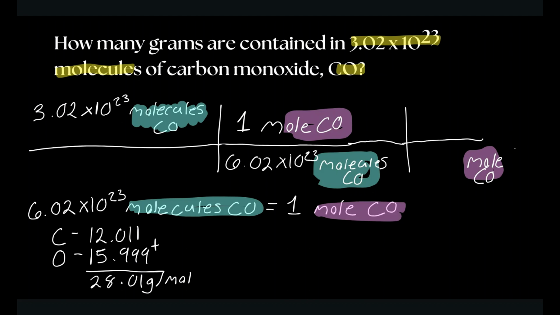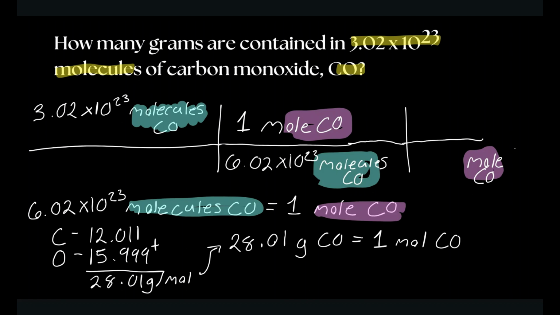So this is the molar mass, but the grams per mole doesn't really help us in this format, so we need to go ahead and change this. So this is going to be the same as our 28.01 grams of our CO equal to our 1 mole of our CO.